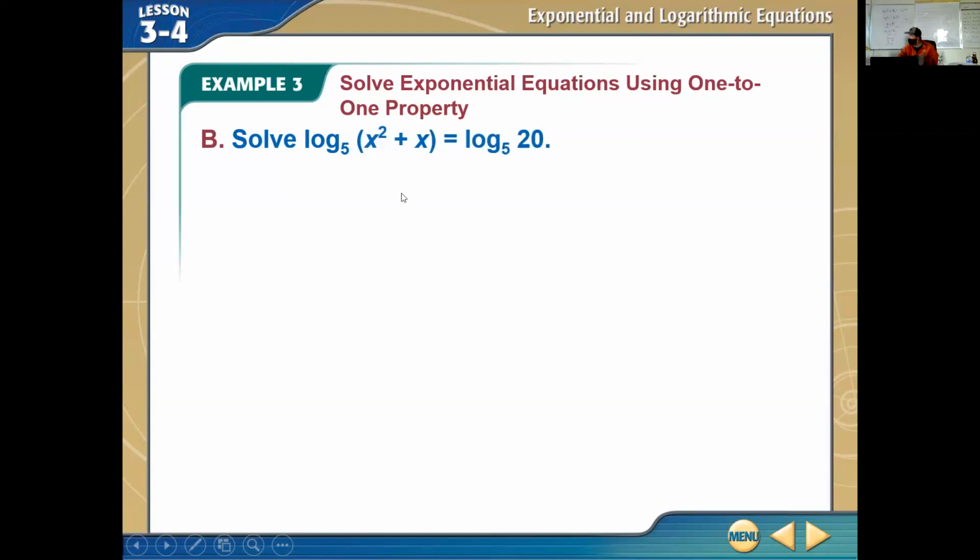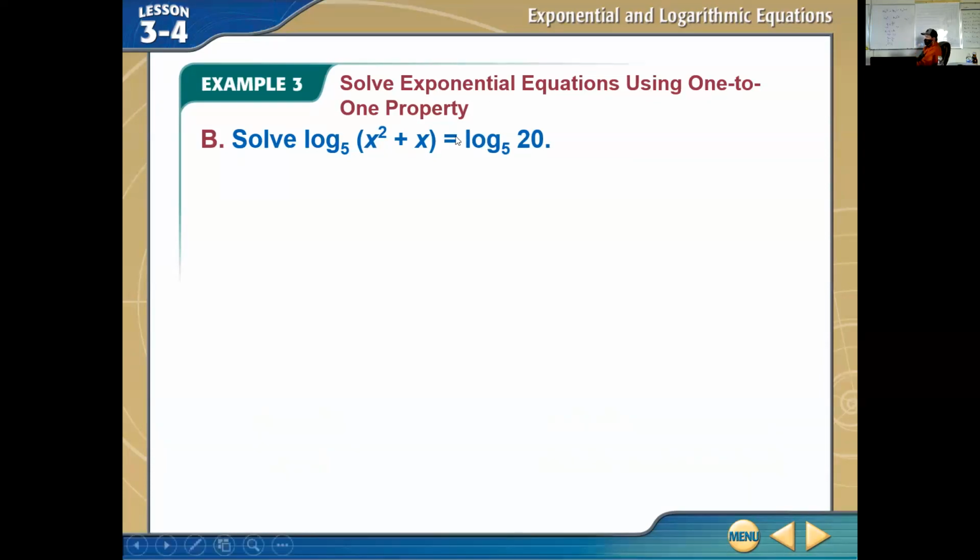Okay, this one turns into a question where we're going to end up factoring. If we're just analyzing right now, I can't do anything with this x squared plus x because that's one whole quantity, right? Thinking about how we would expand or condense, it's already condensed and it's already in a format where the one-to-one property works.